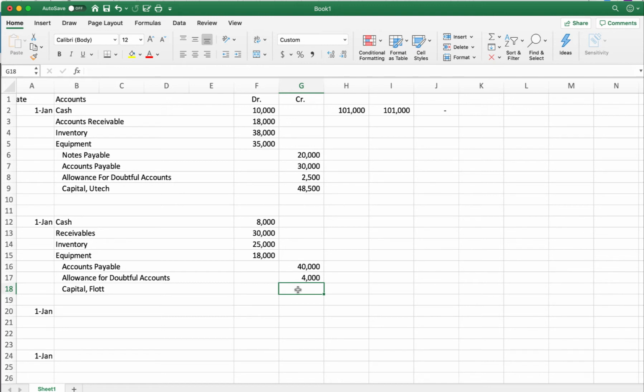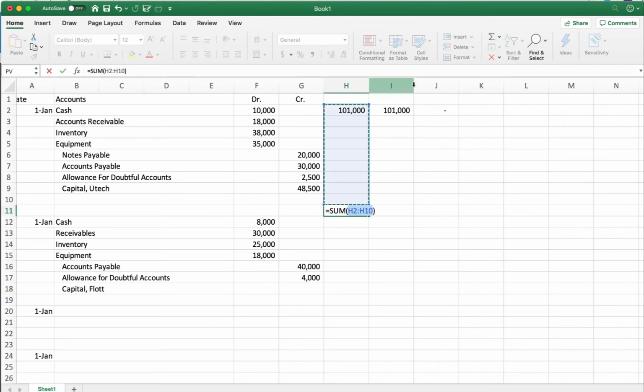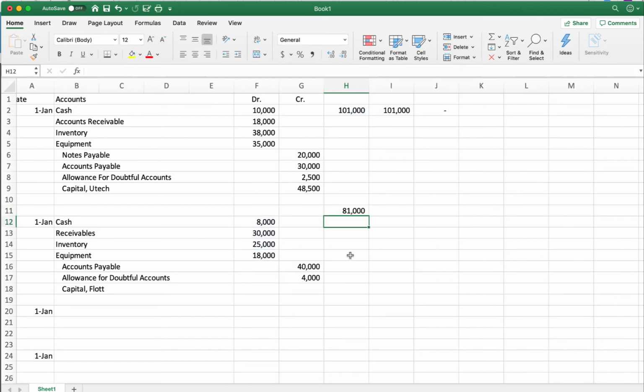Assets equal liabilities plus owner's equity, or owner's equity equals assets minus liabilities. So let's figure out what are the total assets that we invested, meaning what Float invested. 81 grand. Okay, that's cool. How many liabilities do we have and how many credits do we have? Well, we got 44.